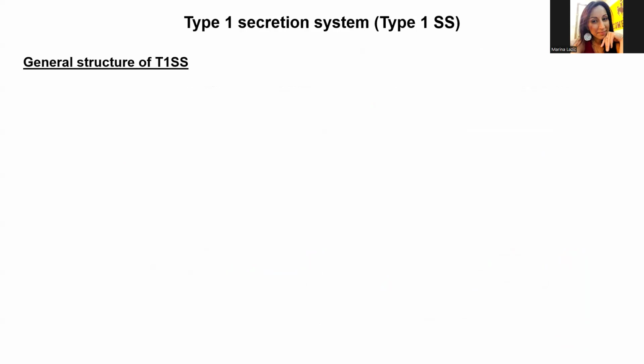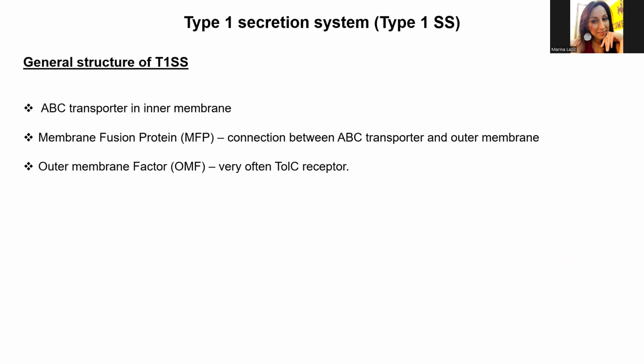So what would be the general structure of type 1 secretion system? As you can imagine, one thing that will be associated with the majority of these secretion systems would be some high energy bonds. So you have to invest some energy to transport something across the membrane. The very first component of type 1 secretion system would be the so-called ABC transporter in the inner membrane.